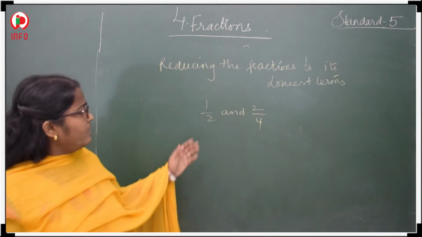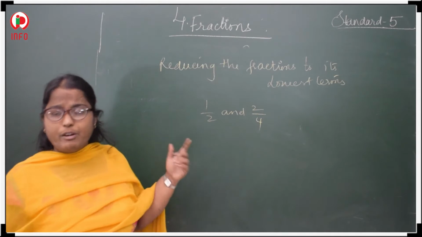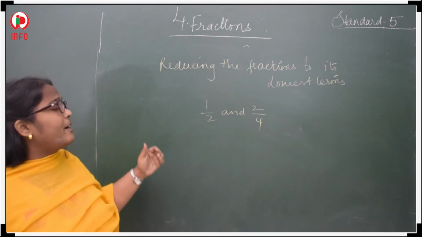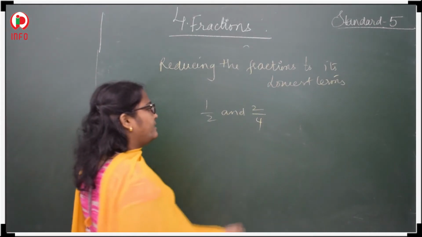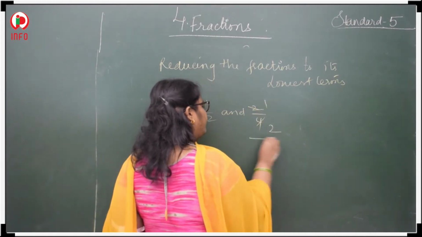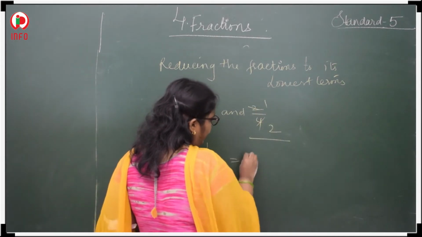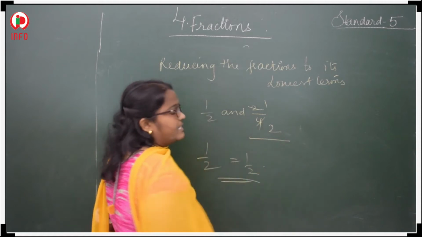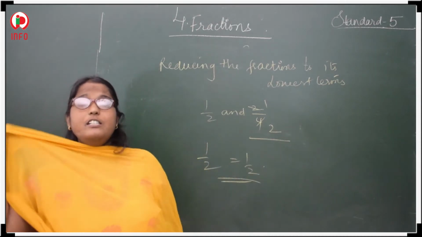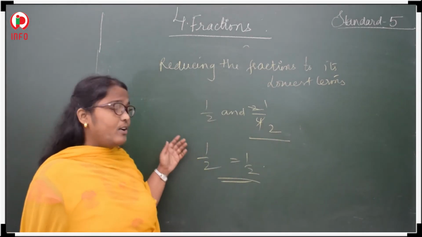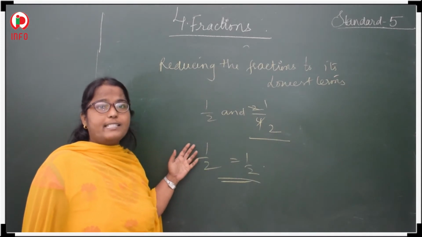So what will we have for 1 by 2? If I want to change 2 by 4 to the lowest form, what will I get, children? Both are same. What are same, children? Both are same. So 1 we call the numerator and 2 we call the denominator.